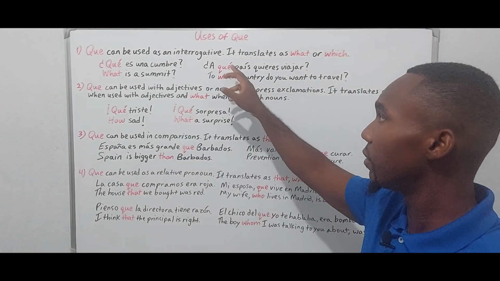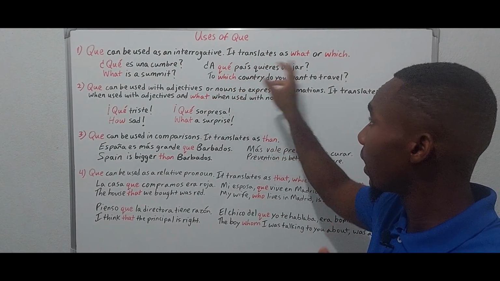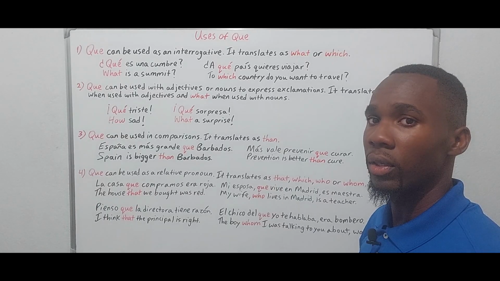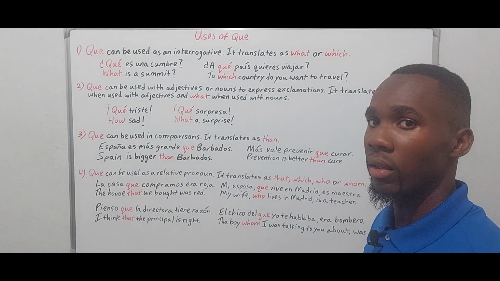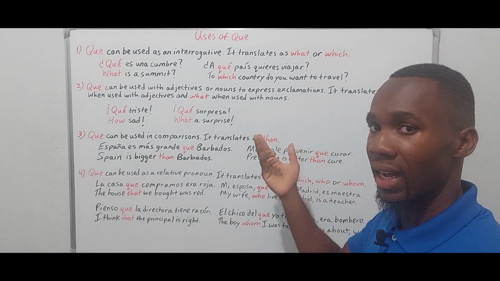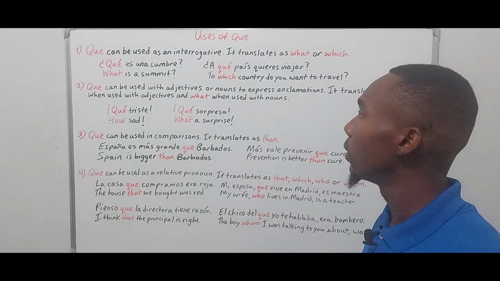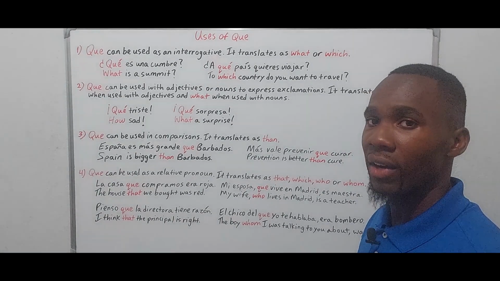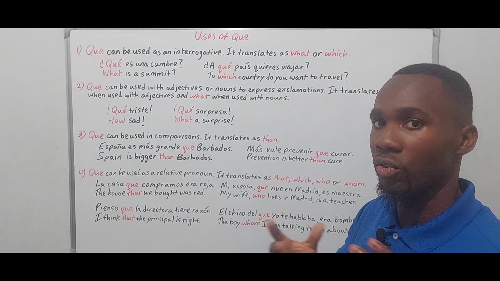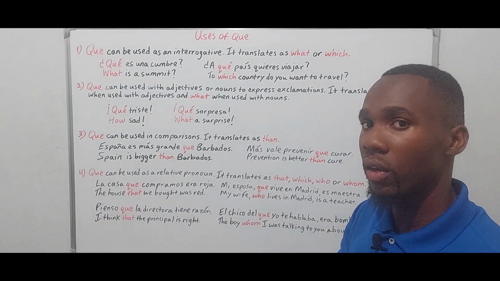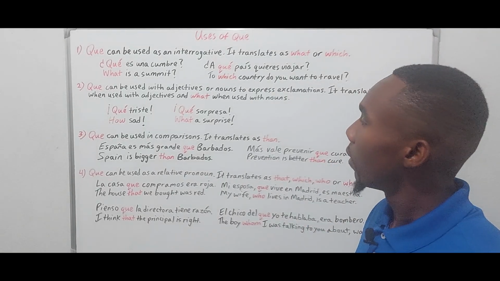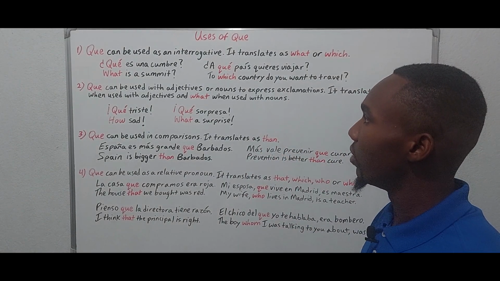And of course, I have to put the a because viajar necessitates the addition of the preposition a to indicate direction, right, to. And you know that when you have a preposition, the preposition is usually placed at the start of the sentence, right? So, ¿a qué país?